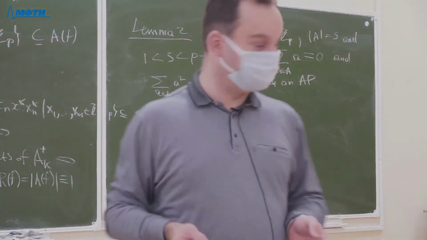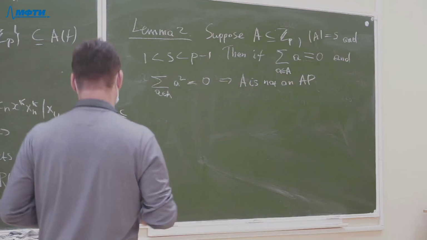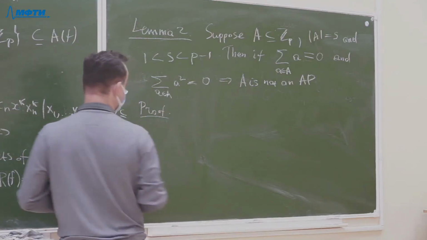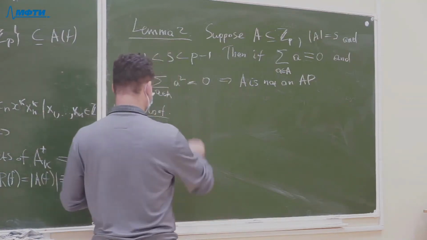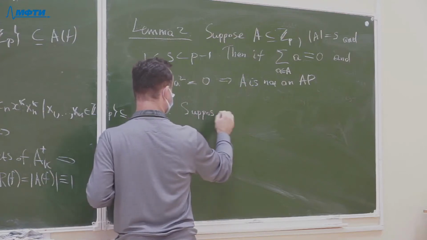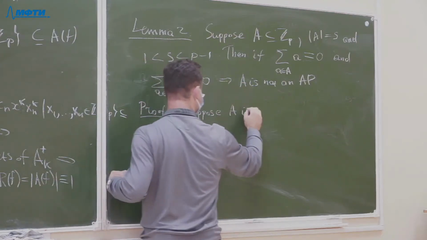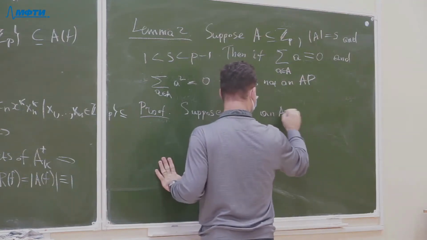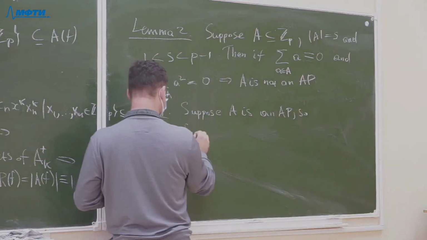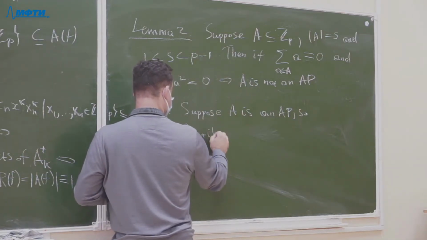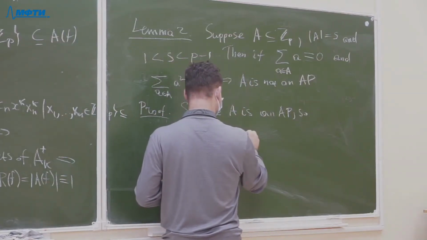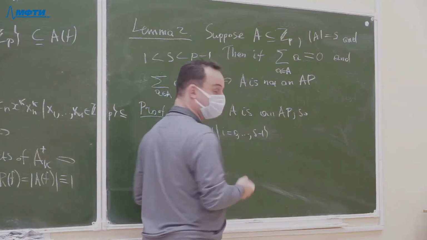Well, suppose, okay, let's prove. Suppose A is an arithmetic progression. So A is A0 plus i d, where i goes from 0 till s minus 1.